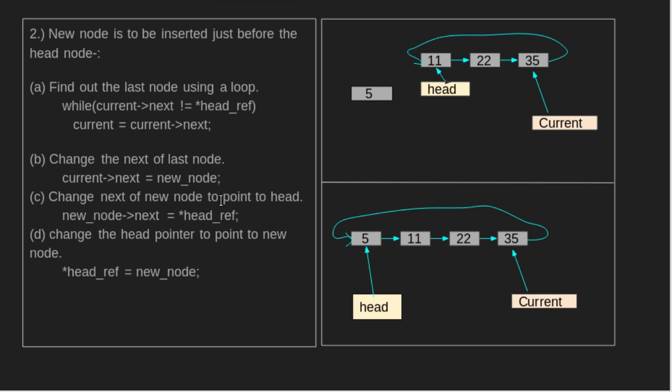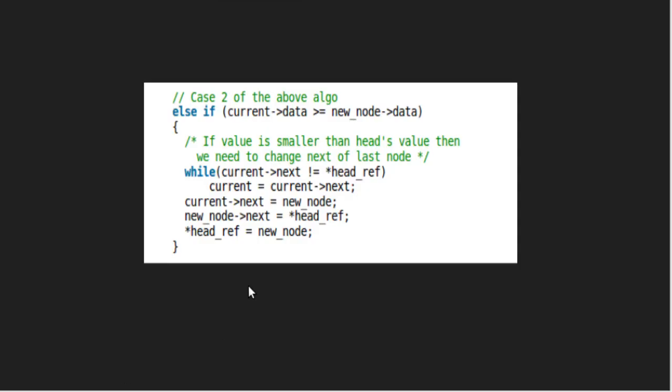Change the next of the new node to point to the head. Earlier this head was pointing to 11, so 5 dot next is pointing to 11. Now at last you have to change the head pointer to point to the new node, that is head is pointing to new node. Now this is the code.